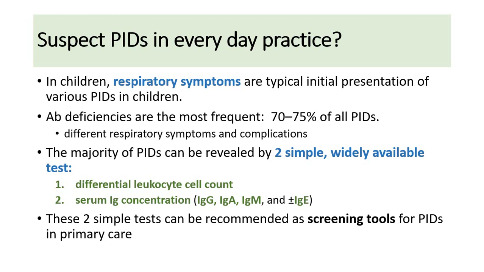Those two simple tests are a simple hemogram, but you have to read it thoroughly and go through the differential leukocytic count, in association with quantitation of the serum immunoglobulins. But take care that when interpreting the serum immunoglobulin concentration, you have to consider the age of the patient and the normal for age. Those two simple tests should be recommended as a screening tool for primary immune deficiency in a primary care setting.